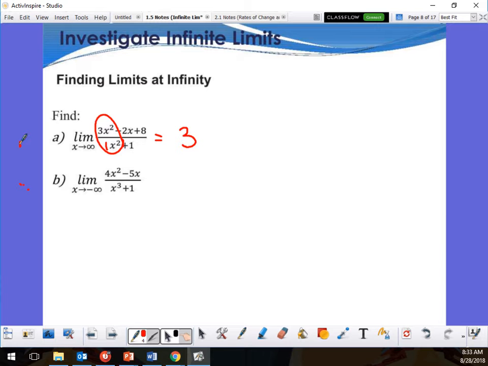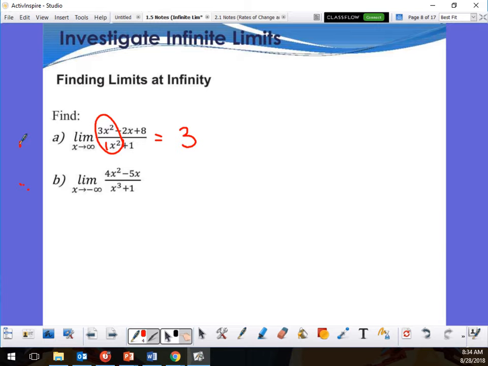All right, you guys, so now, this right here. What's going to happen with this problem? Hey, put your phones away, pay attention here. All right, for this one right here, which one's bigger? The denominator, right?